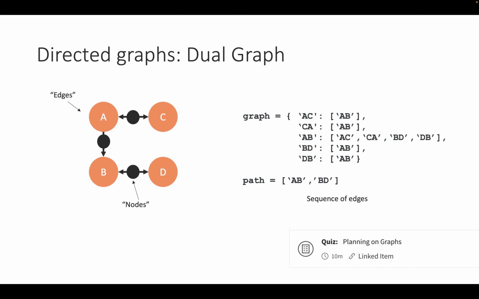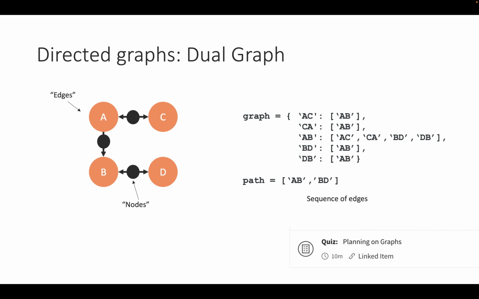The dual of the directed graph is a graph in which all the edges are the nodes and the nodes are edges. And in this case, I came up with an equivalent structure. Here, the nodes are indicated by the edge names AC or CA, and I have a list of edges that I can get to. So these are not edges anymore, but they are nodes in the dual graph.